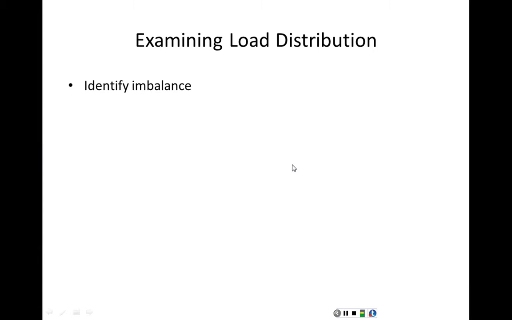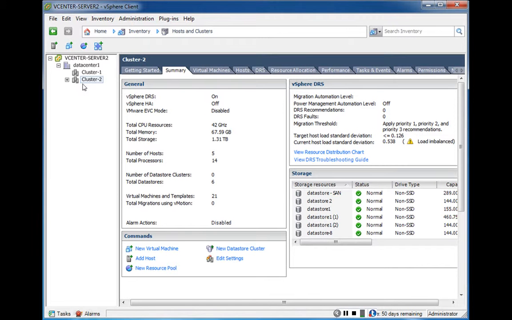So let's examine load distribution and see if we can identify an imbalance. If we look under the cluster, under the Summary tab, we can see here's an error message that indicates that there is a load imbalance. How come there's a load imbalance? Because automated migration is not enabled.